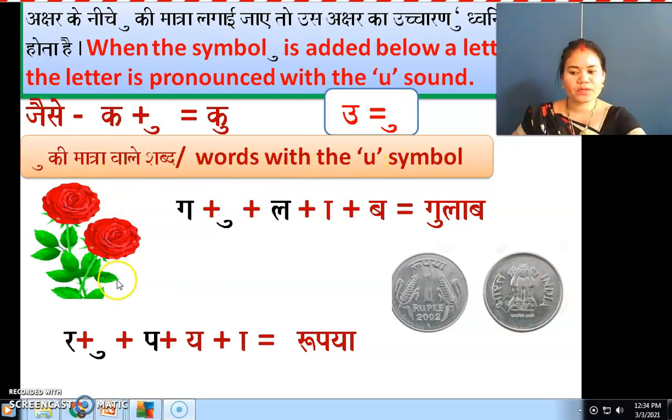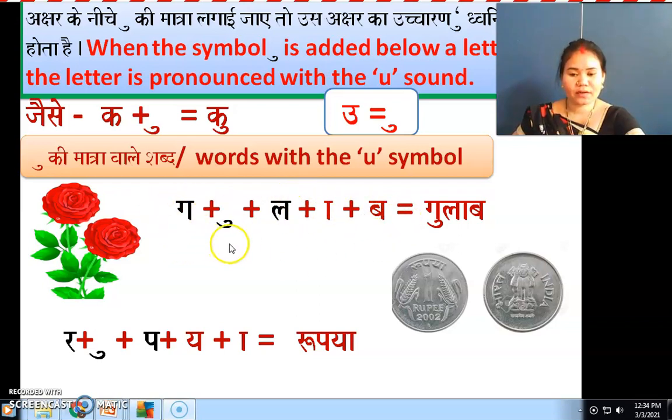Okay, for example, here you can see the picture. What picture is this one? Rose flowers, right? The rose flower picture we say in Hindi gulab. What are we saying? Gulab. So if you spread the letters and all the symbols, how to add each one you can see here.